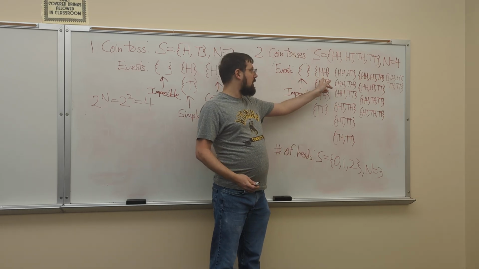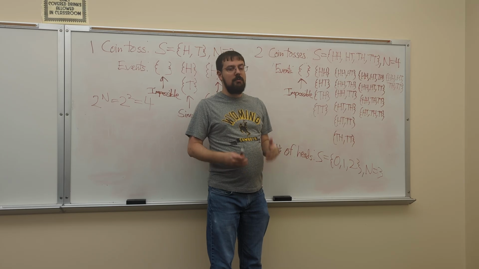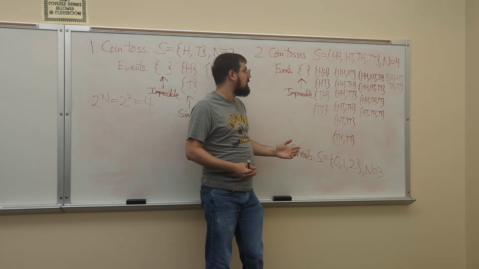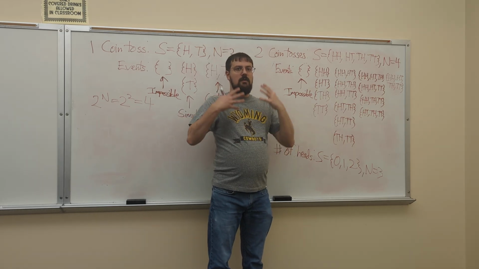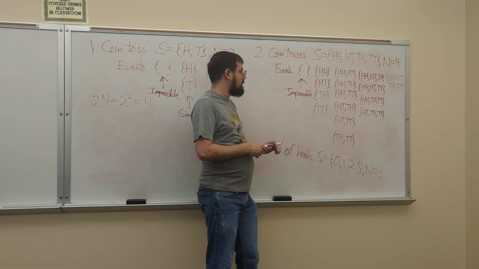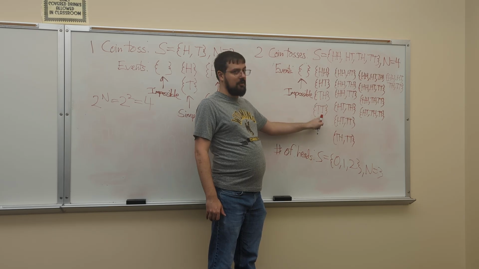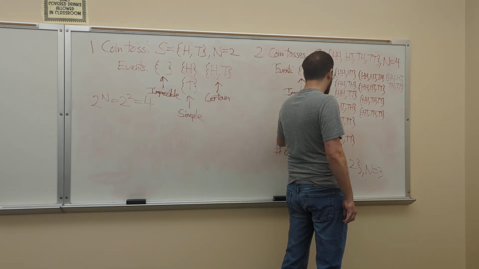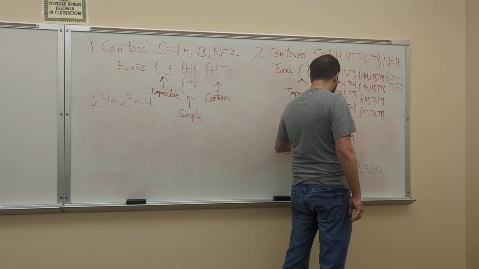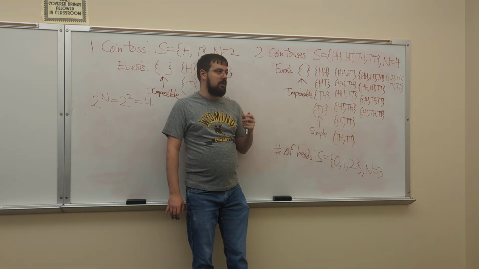So heads, heads, even though we have 2 different things happening here, we would call that a single outcome because it is the total outcome of both coin tosses. So each one of these events, heads, heads, heads, tails, tails, heads, tails, tails, would all be simple events, because these all correspond to one outcome.